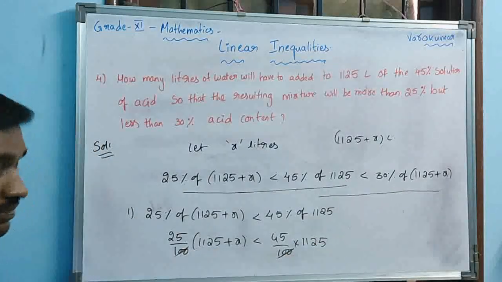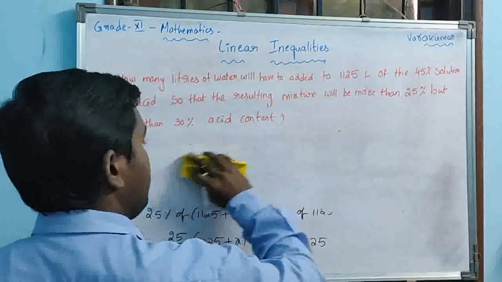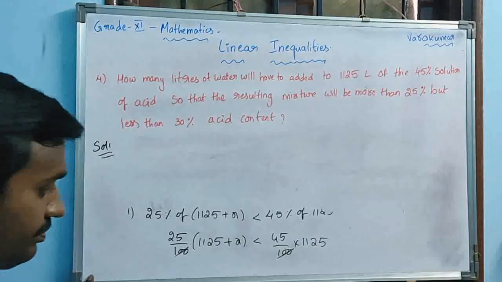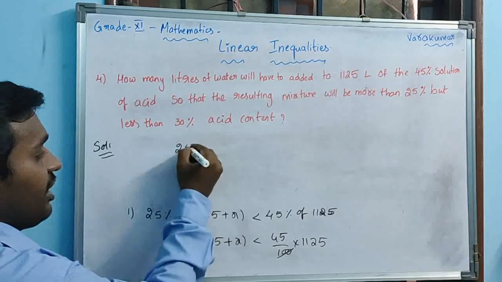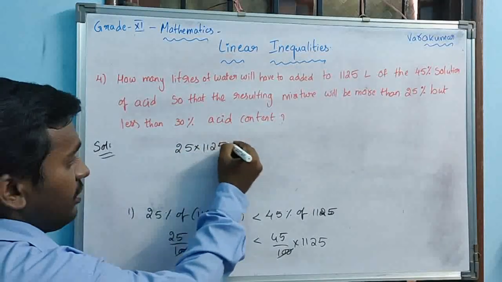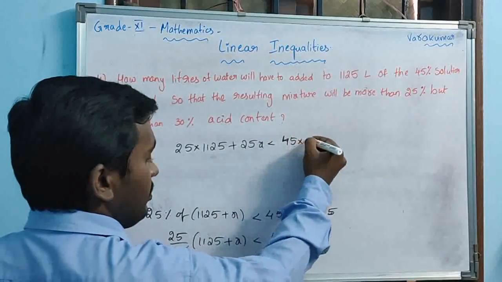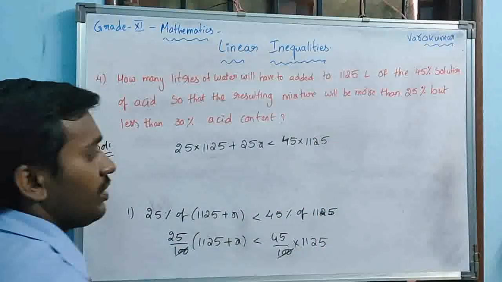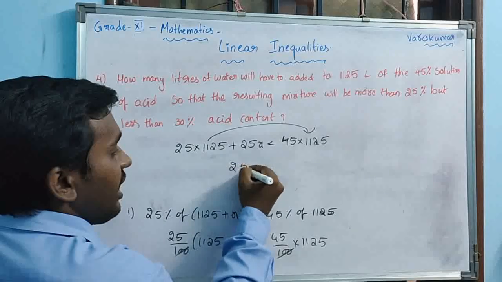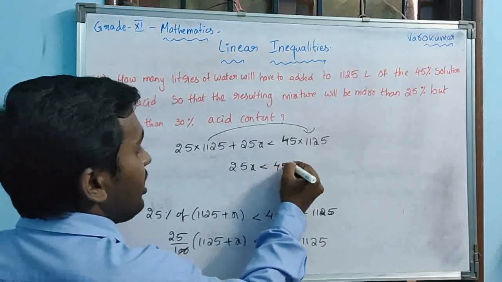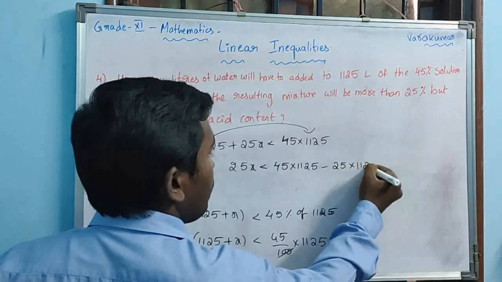On both sides 100 cancels. Now multiply inside: 25 into 1125 plus 25x less than 45 into 1125. Now I am going to carry this value across. So 25x less than 45 into 1125 minus 25 into 1125.